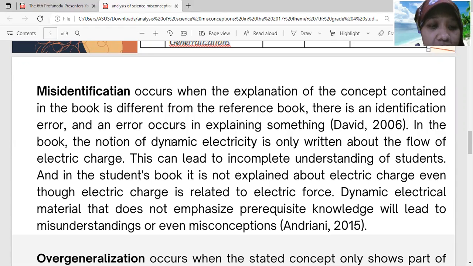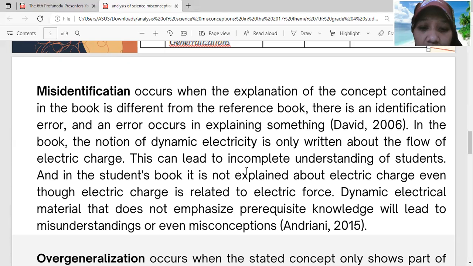About discussion, misidentification occurs when the explanation of the concept contained in the book is different from the reference book. There is an identification error, and an error occurs in explaining something. In the book, the notion of dynamic electricity is only written about the flow of the electric charge.